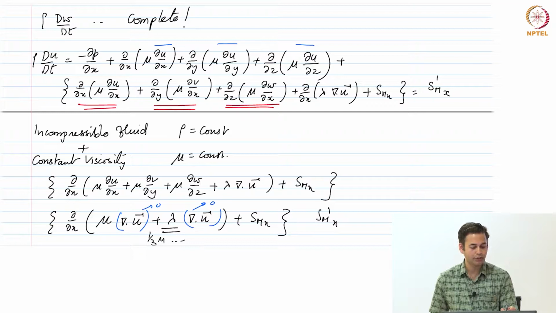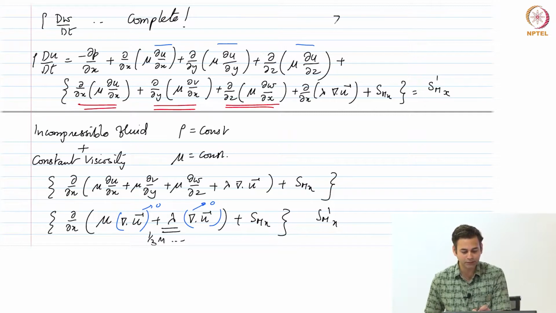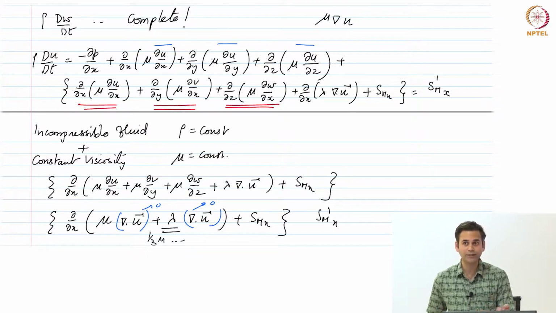If you have dou u dou x, dou u dou y, dou u dou z, that is nothing but a gradient of u, which gives you a vector. So essentially these three terms can be written as gradient of u, which is a vector, multiplied with mu. Eventually we have to get a scalar out of this, and they have to sum together.